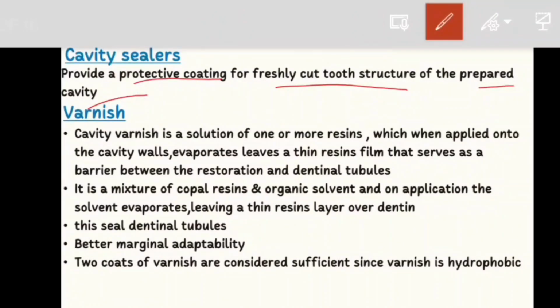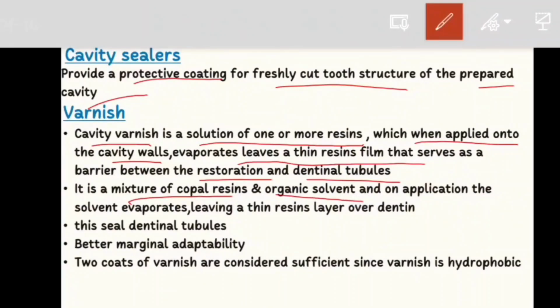Varnish is a solution of resin in an organic solvent. When applied onto the cavity wall, the solvent evaporates and leaves a thin resin film that serves as a barrier between the restoration and the dentinal tubules. It seals the dentinal tubules, so there is better marginal adaptability.